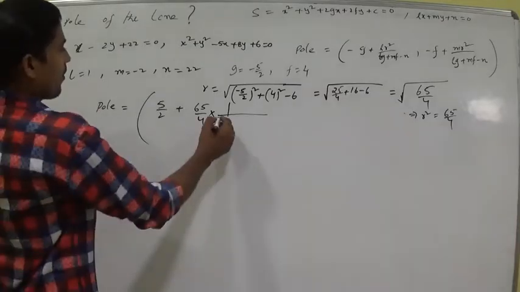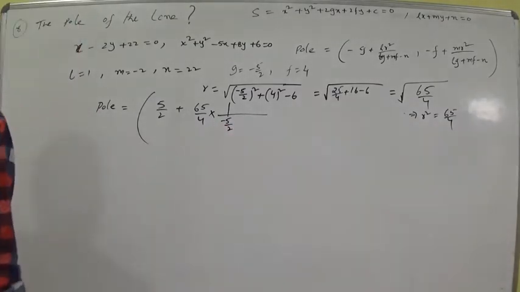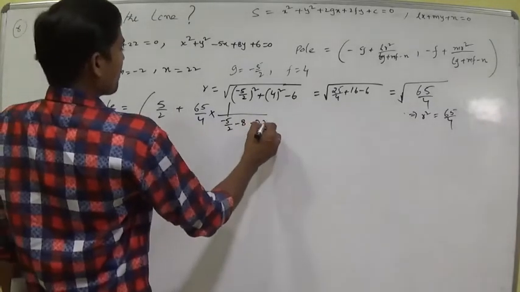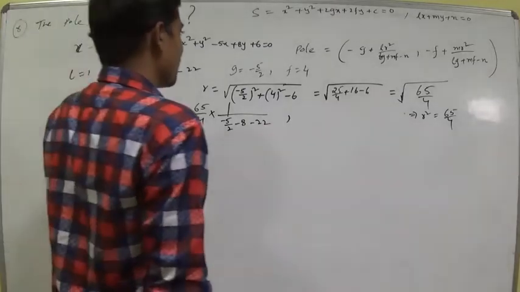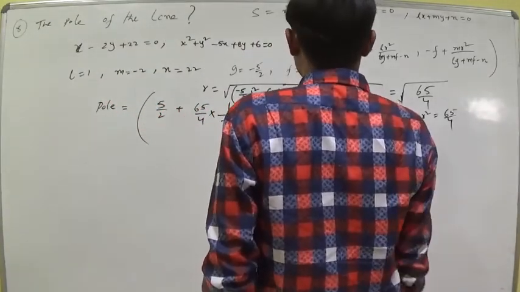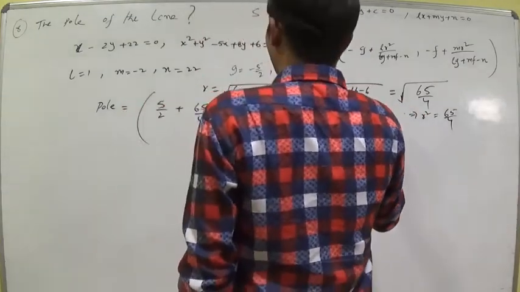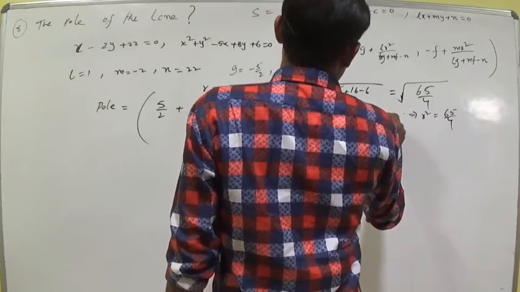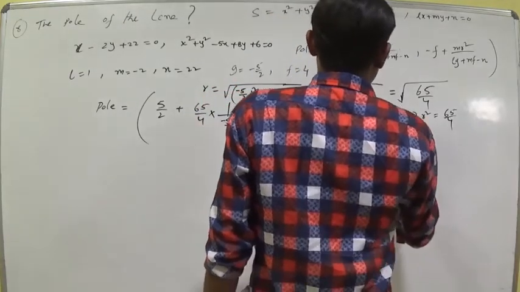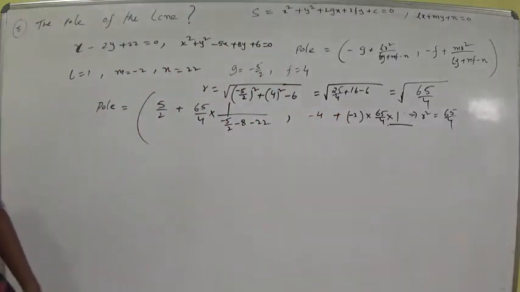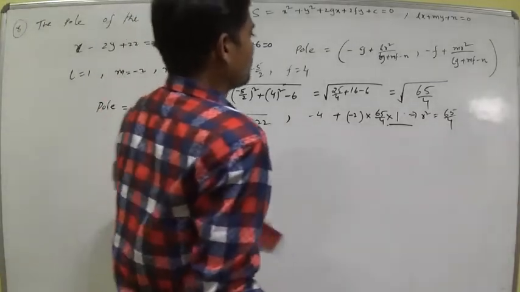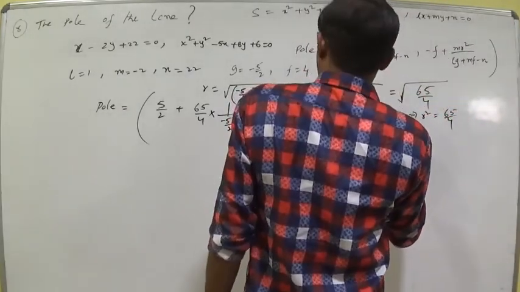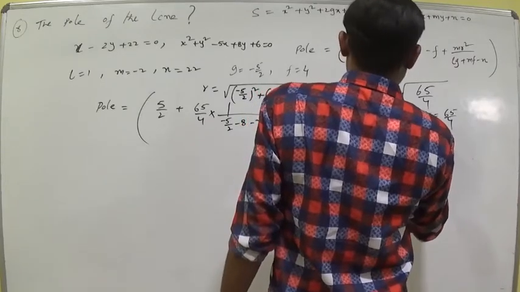Lg is minus 5 by 2, plus mf which is minus 8, minus n which is minus 22, comma 5 minus f, minus 4, plus mr square, minus 2, into 65 by 4, into the same, minus 5 by 2 minus 30, close the bracket.